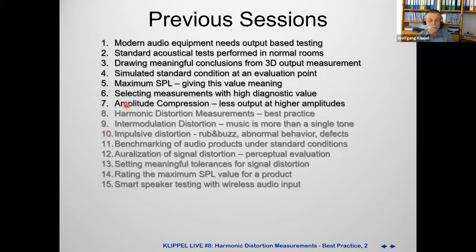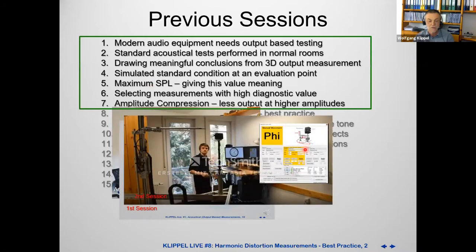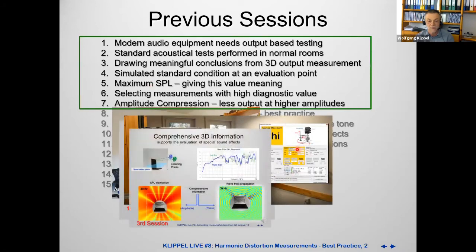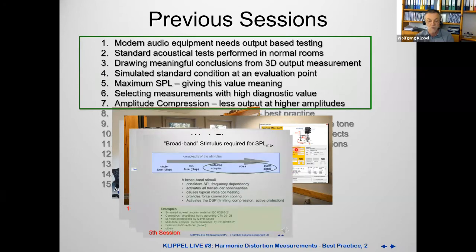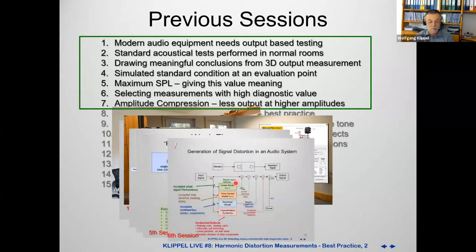In the last session, we spoke about the laser scanner, getting comprehensive 3D information, and how to calibrate the measurement position as if we had perfect anechoic and far field conditions. And finally, we are now here with the distortion measurements.